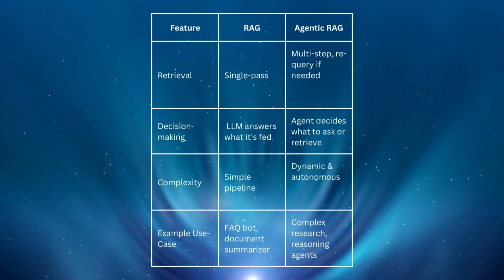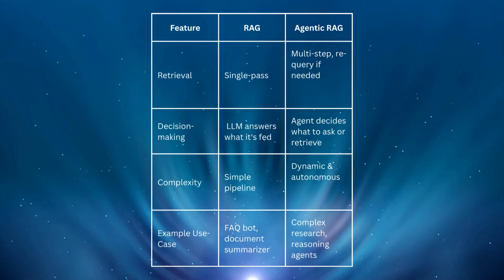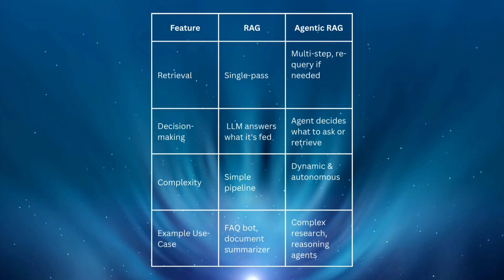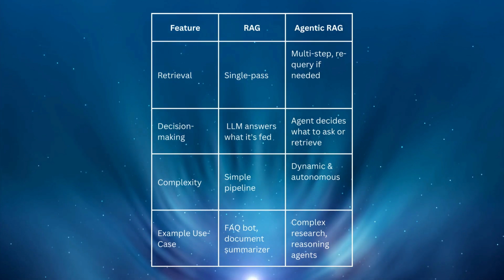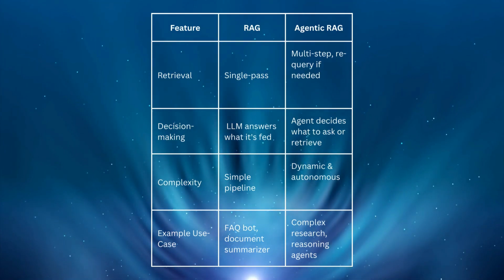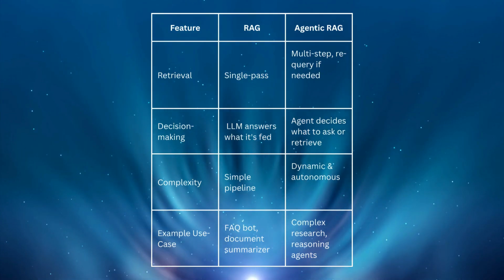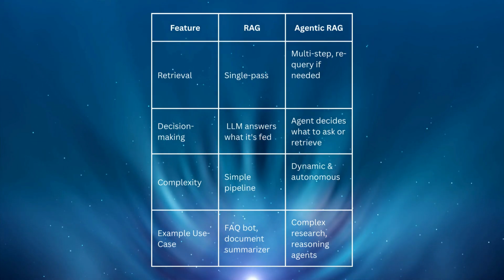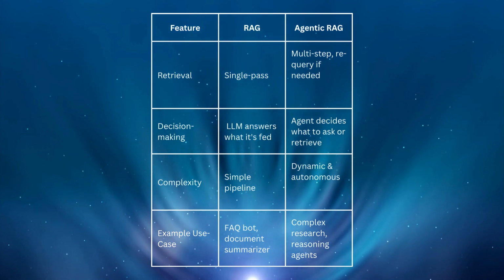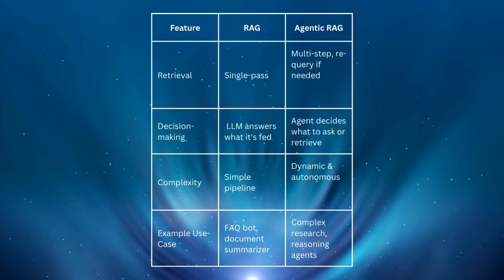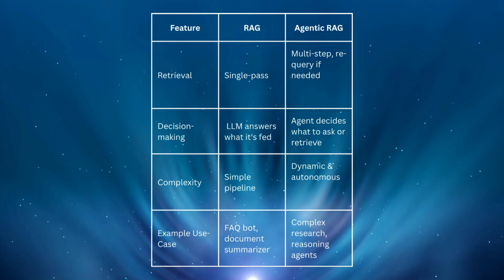It rephrases the query to decide what to ask or retrieve. In terms of complexity, RAG is a simple pipeline because it just takes the feeder data and queries the info using the LLM. In the case of agentic RAG, it's dynamic and autonomous. Some complexity is involved, and agentic RAG will be used in such use cases.